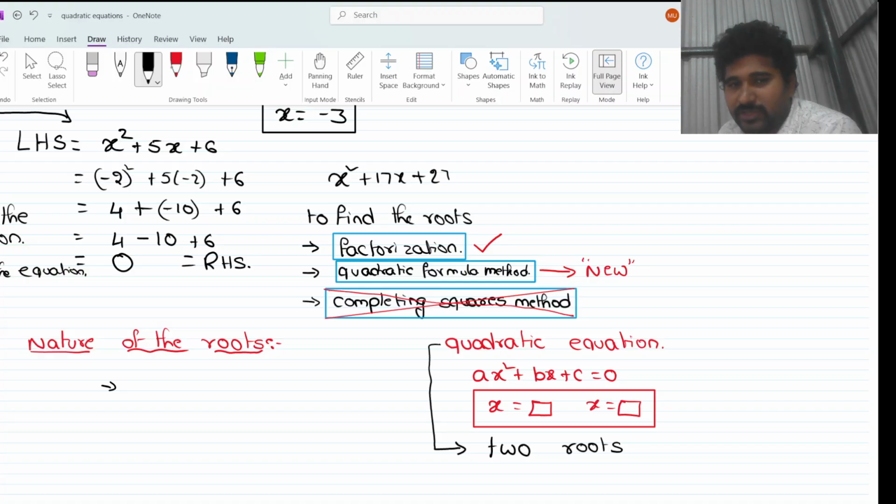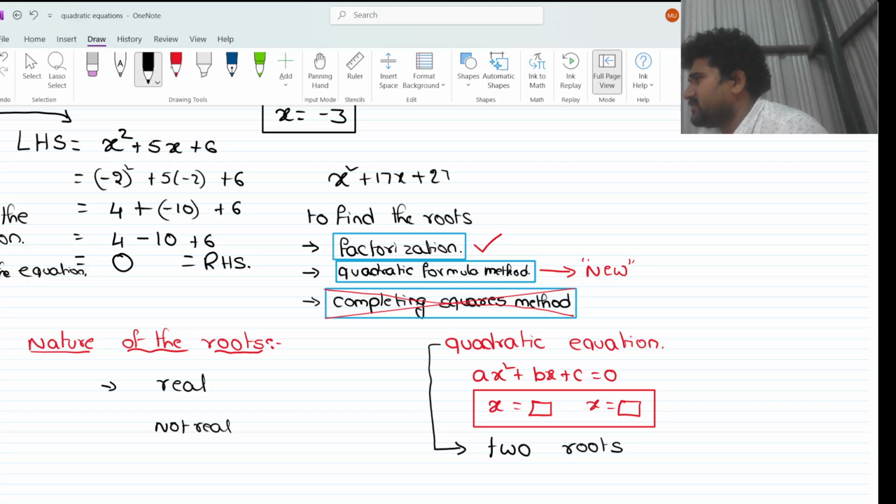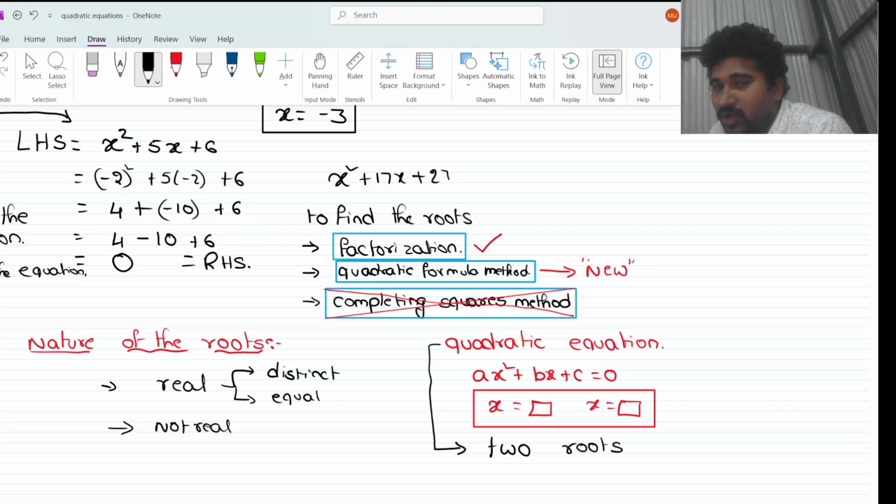The first possibility is the roots are real or not real. If they are real, you should specify whether they are distinct roots or equal roots.